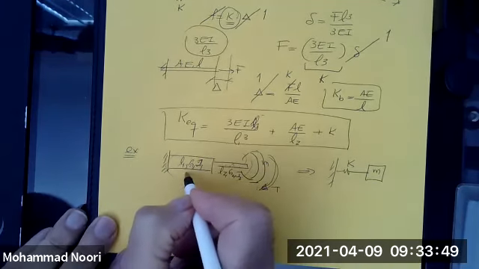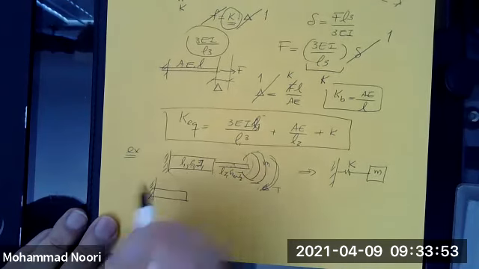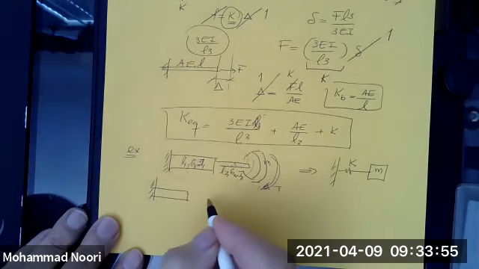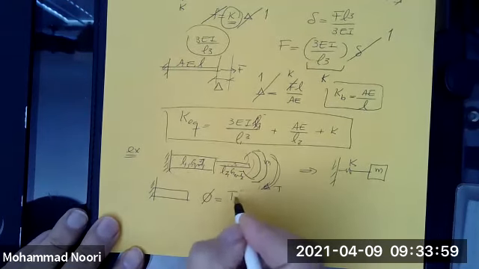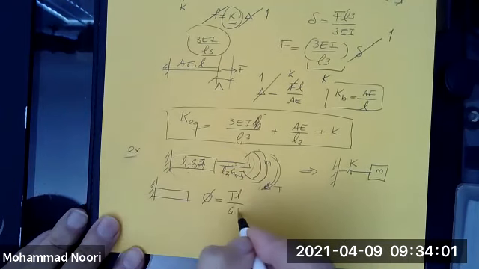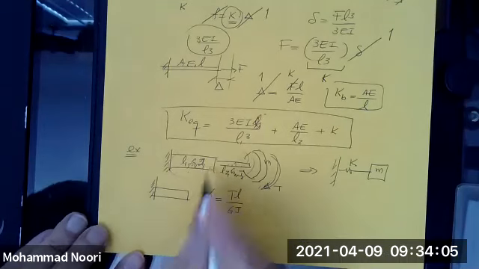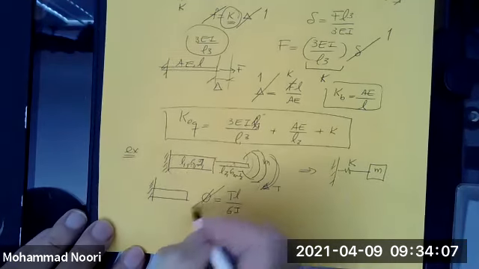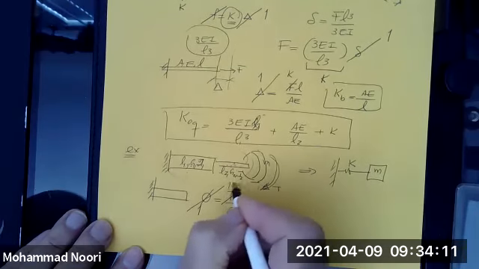What is the stiffness of a shaft? Go by the definition of stiffness. Angular deformation due to torque is TL over GJ. What is the torsional stiffness here? The torque that causes unit deformation.